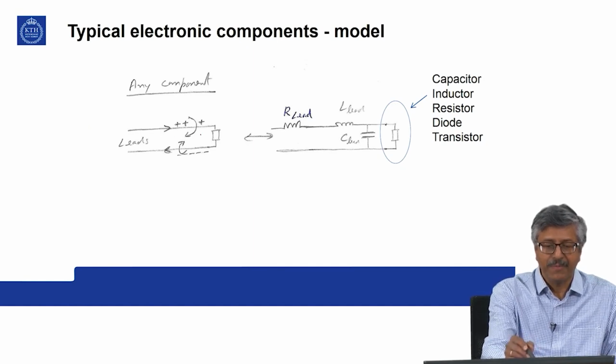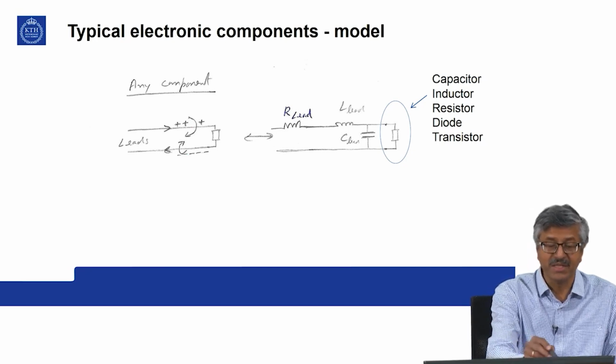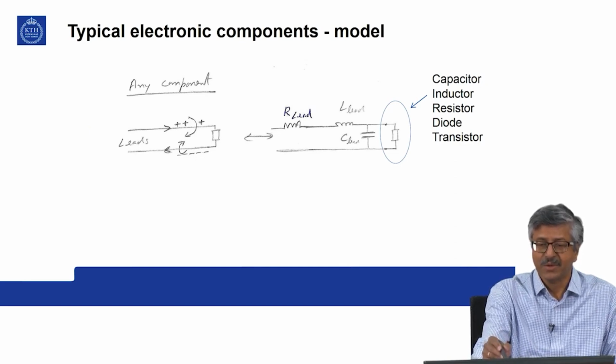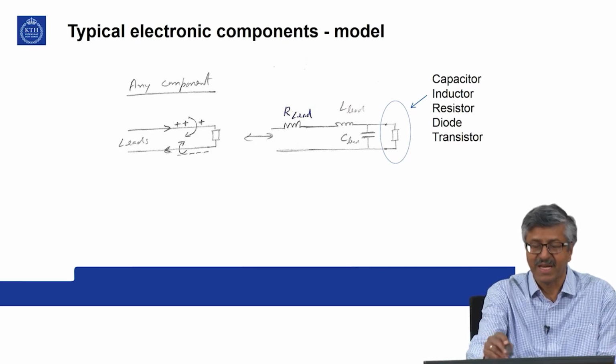So, we have some inductance and some capacitance, and some resistance also, because they are not ideal conductors. So, any lead will have a lead resistance, a lead inductance, and a lead capacitance, a parallel element. So, these are the parasitic elements.